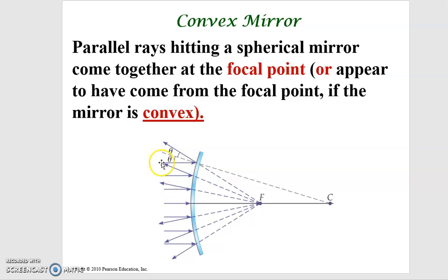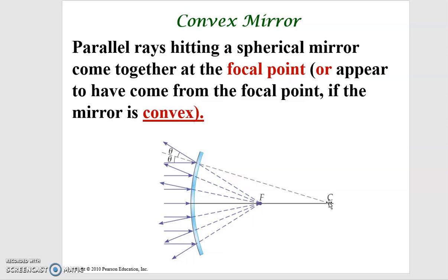For example, this one will hit the surface, and what is the normal line? The normal line is the dashed line perpendicular to the surface of the convex mirror. If you trace this dashed line backward, the normal line is the line connected to the center of curvature.